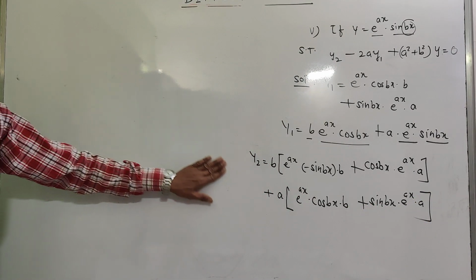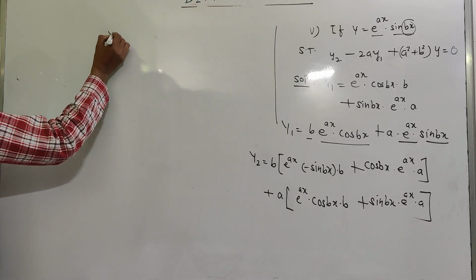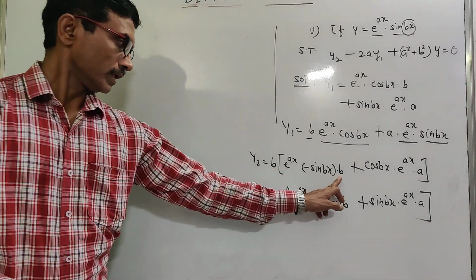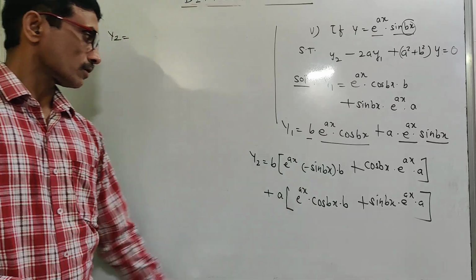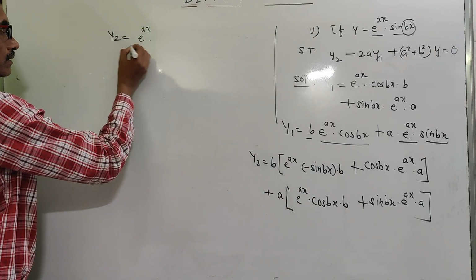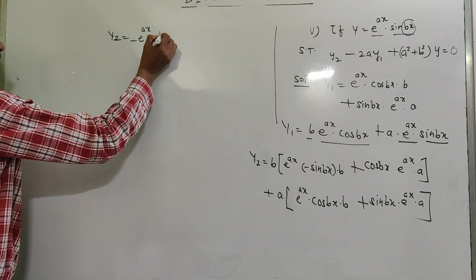So rearrange the terms. y2 is equal to, here our y2 is equal to b, and this b will be b square minus of e raised to power ax, minus sign is there, and b square sin bx.